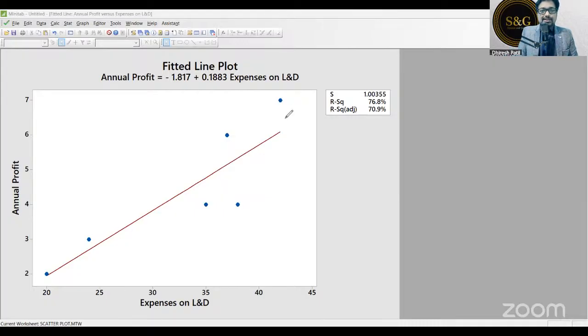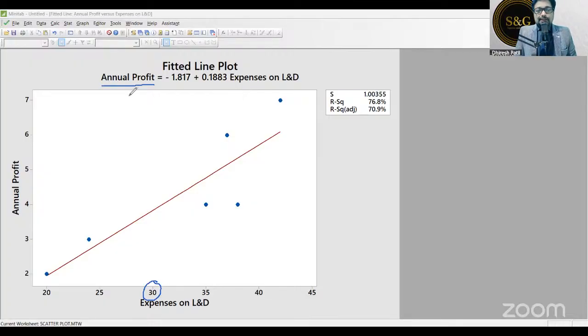So here this is the equation. Now for example, I want to check how much will be my profit if I spend 30 lakh rupees. So this is 30 lakhs. How much will be my profit if I spend 30 lakhs on expenses on L&D?